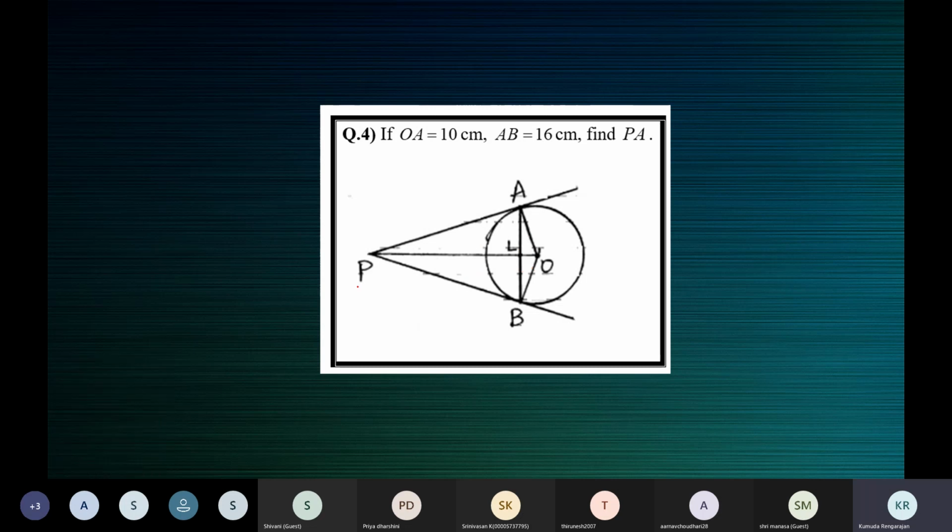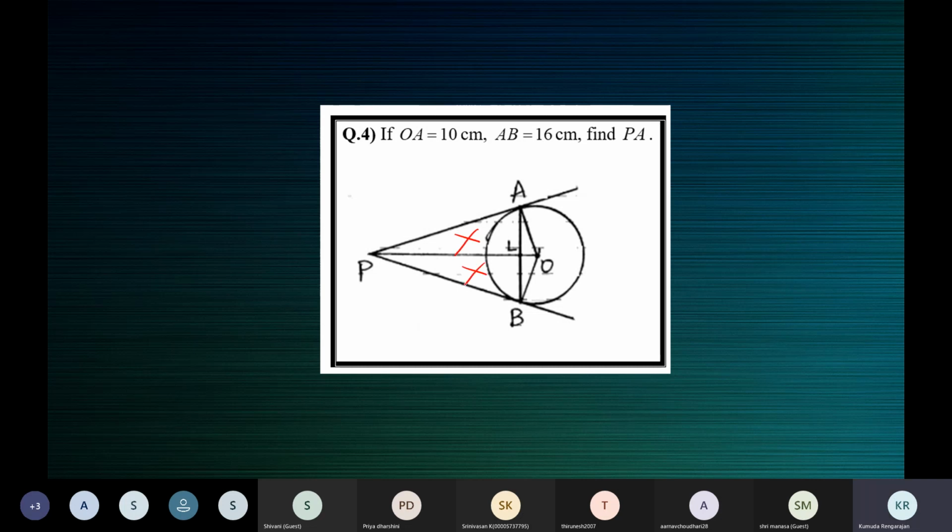So for a change, let's do using these two triangles. But the idea is to prove that this angle is 90 degrees. Why are we showing that these two triangles are congruent? We want to achieve this result, that this angle is 90, and also to prove that AL is equal to BL.